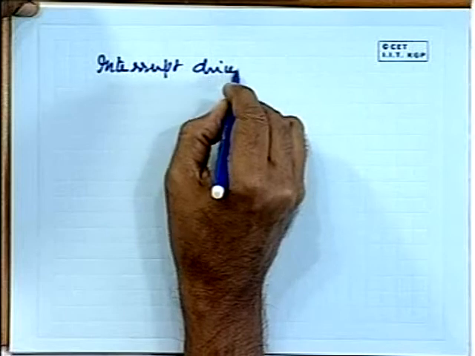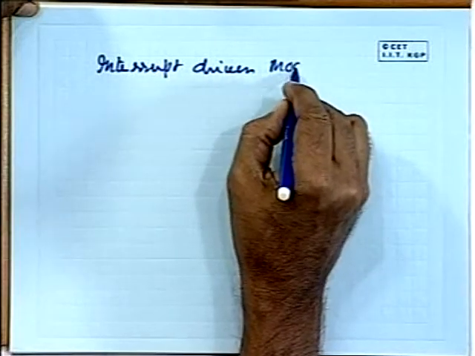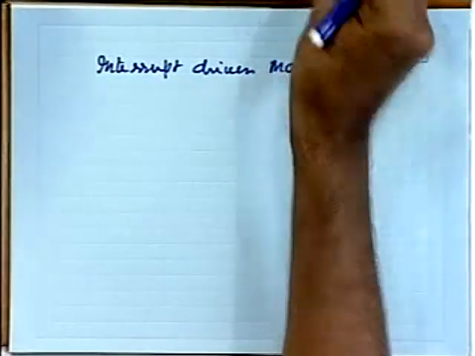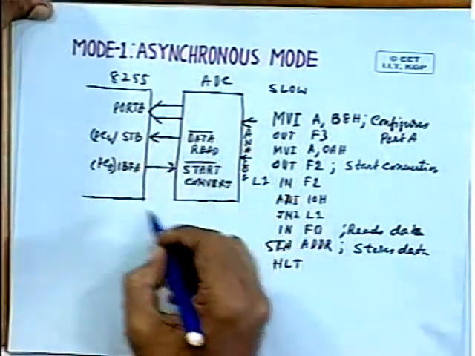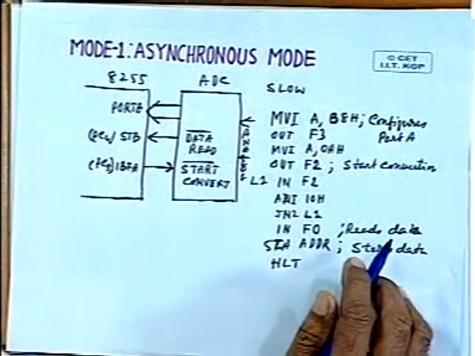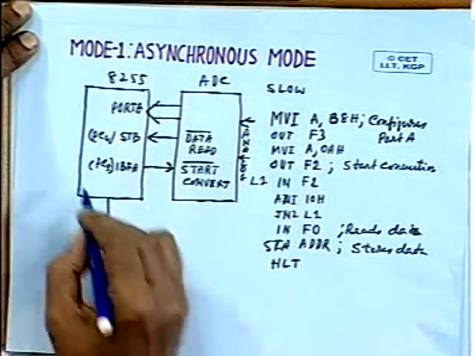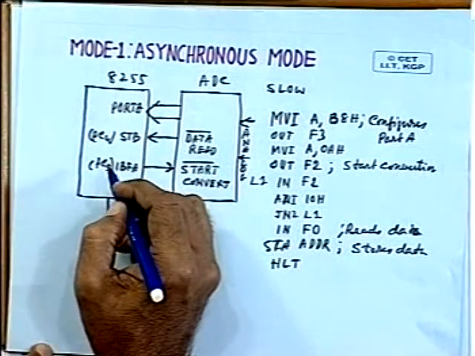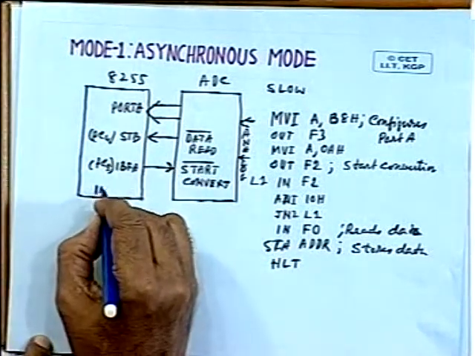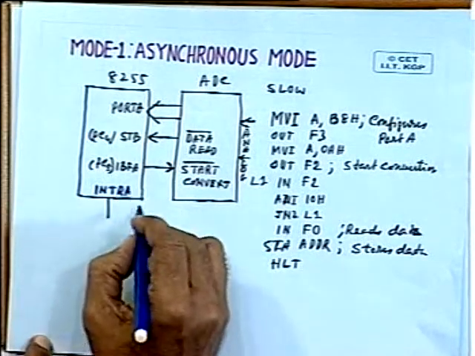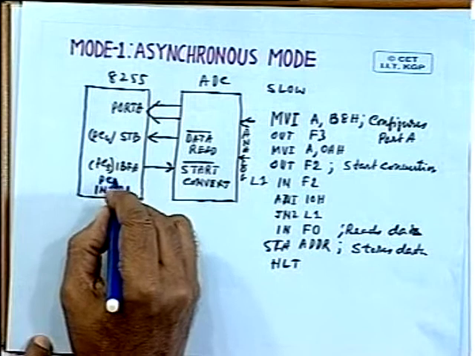In interrupt driven mode, the same circuit can be used with some additional thing. What is the additional thing? This 8255 has to generate an interrupt, and for that purpose the corresponding interrupt line is INTR-A, that is your PC3.